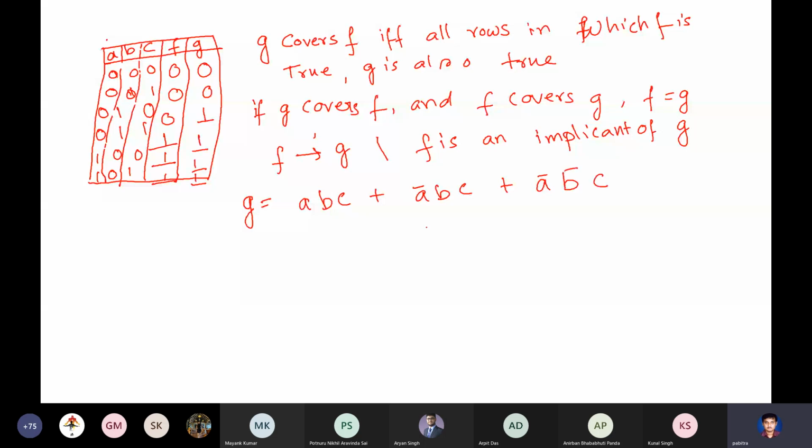Naturally, because each of the min terms corresponds to one row of the truth table, and that is covered by the whole function. So each true min term is an implicant.